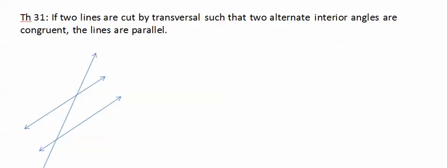Now to the theorems that prove parallel lines. The first one is, if two lines are cut by a transversal such that two alternate interior angles are congruent, the lines are parallel.